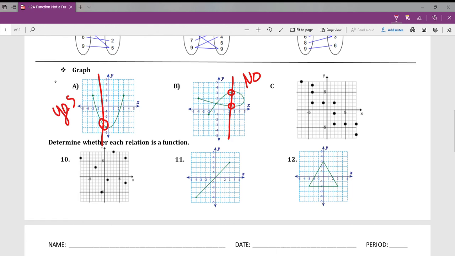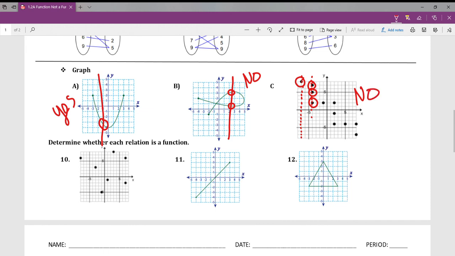If I draw a vertical line here, I only hit one point, but if I drew it here, I would hit 1, 2, 3 times. So because I could hit it 3 times there, no, it's not a function.